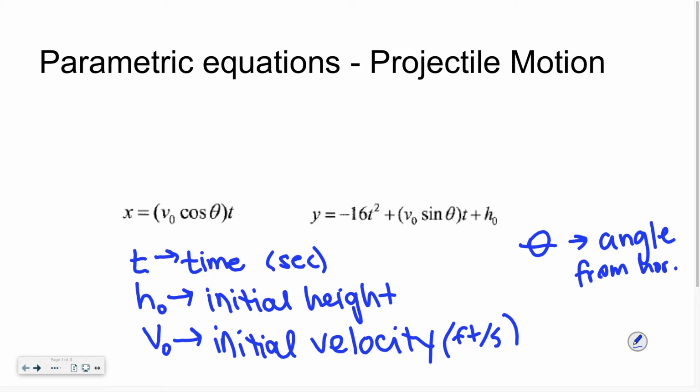So first of all, we need to be able to understand how to set up these equations, but we also need to understand how to use them. What number do we plug in where, and which equation do we choose for certain scenarios that I ask you to solve?